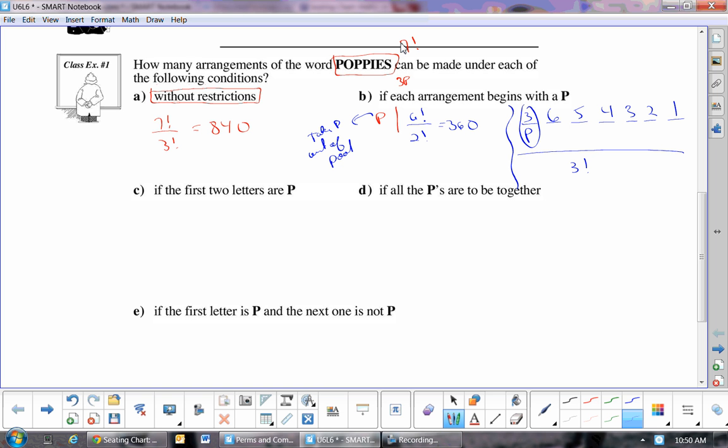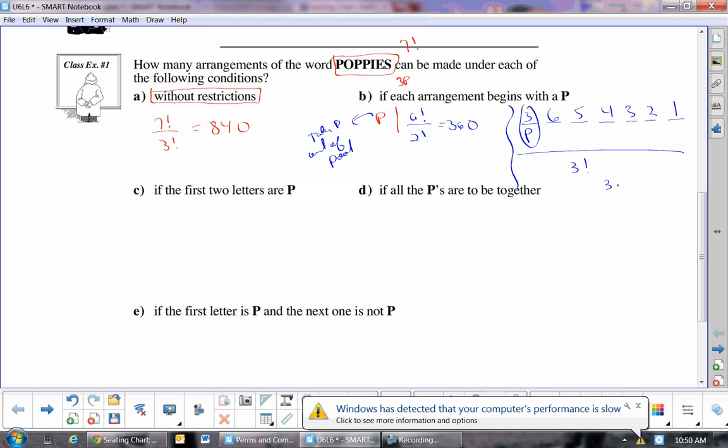Now, here's the question. This is the same thing as 3 times 6 factorial over 3 factorial, right? So everyone see how I went from there to there?